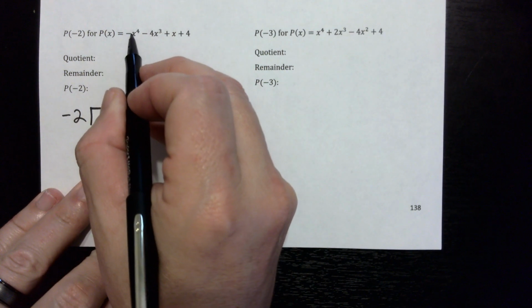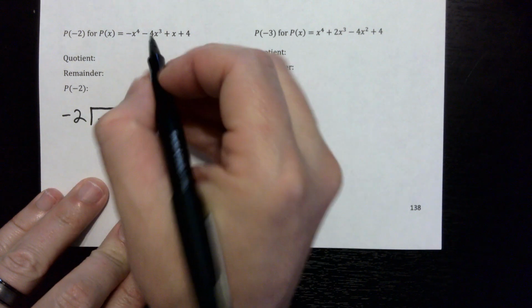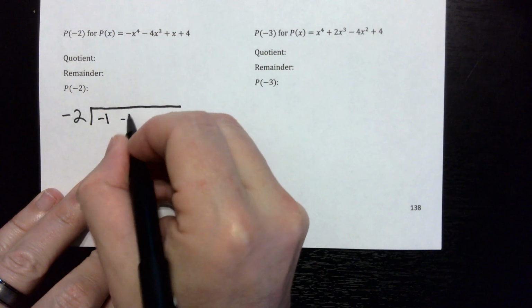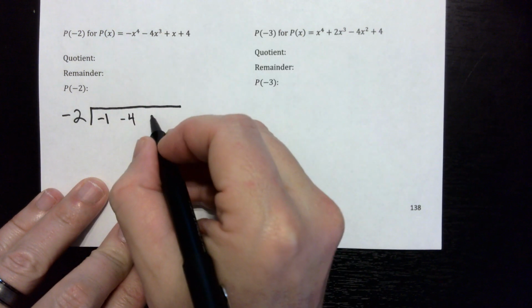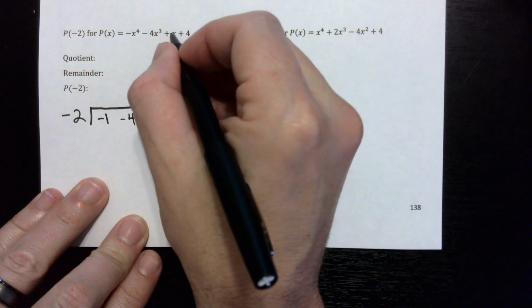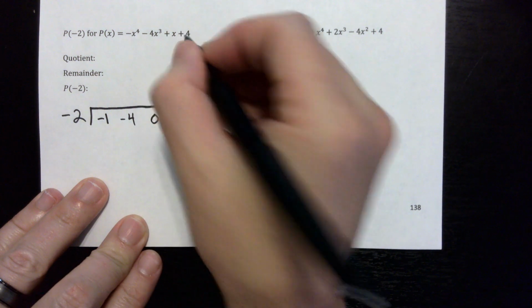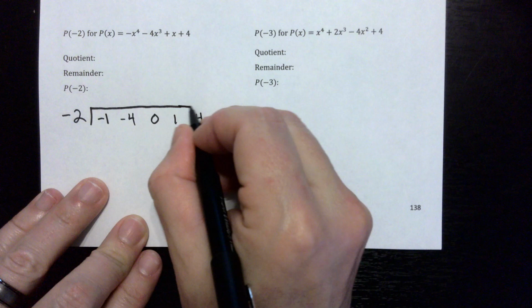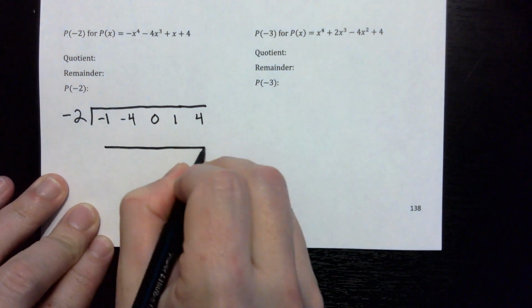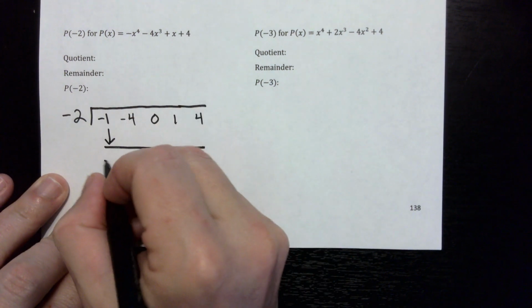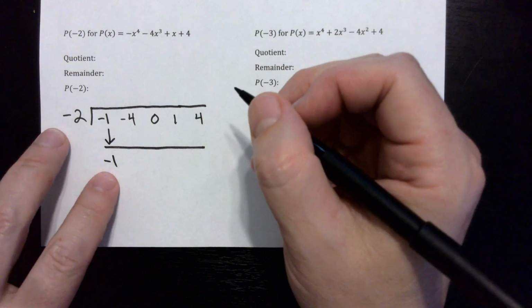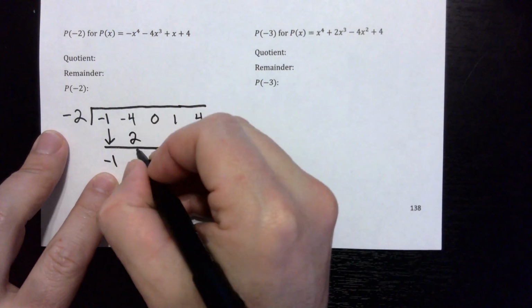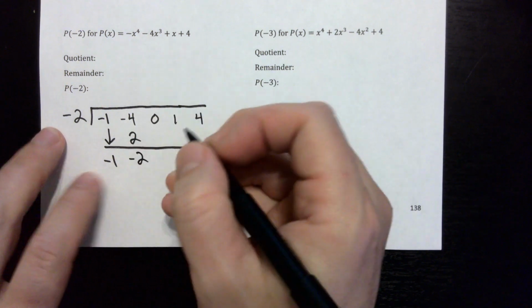This is a -1 for the first one. -4. There is no x squared, so I'm putting a 0. The number in front of here is a 1, and then we've got our 4 last. Okay? I'm going to drop this down and then start the process. Multiply these two, you get 2. Add these two, you get -2.